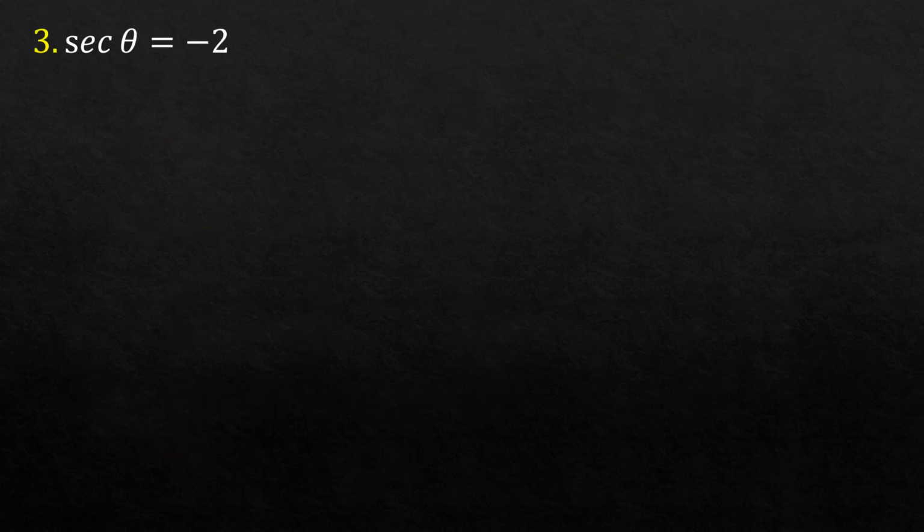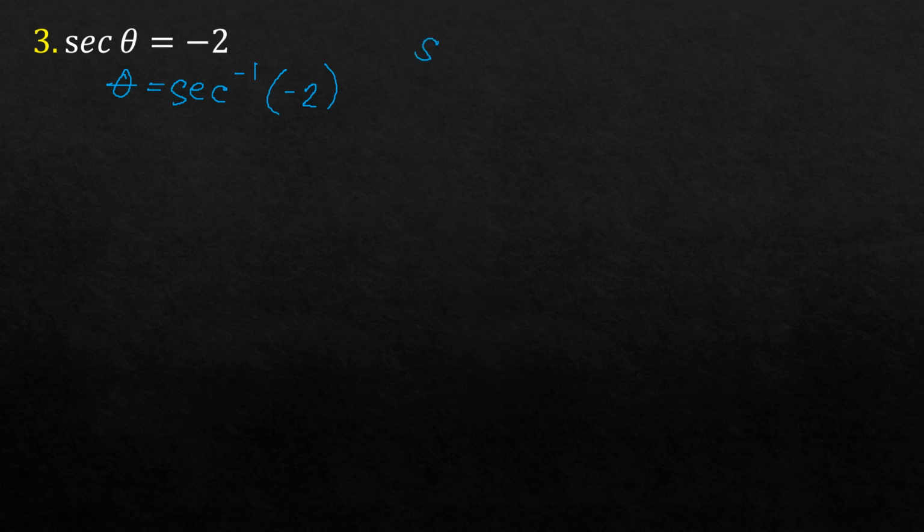So let us have the third problem. Secant theta is equal to -2. The first thing you need to do is to rewrite that. So theta is equal to inverse secant of -2.